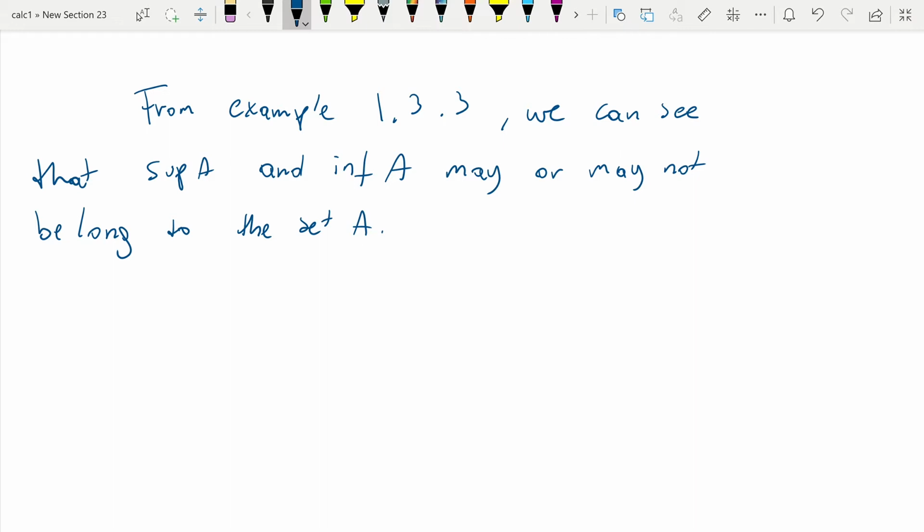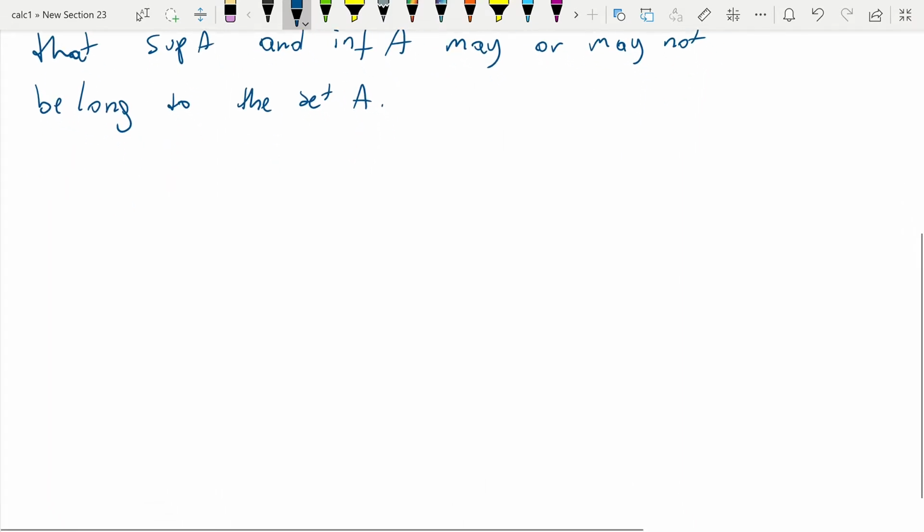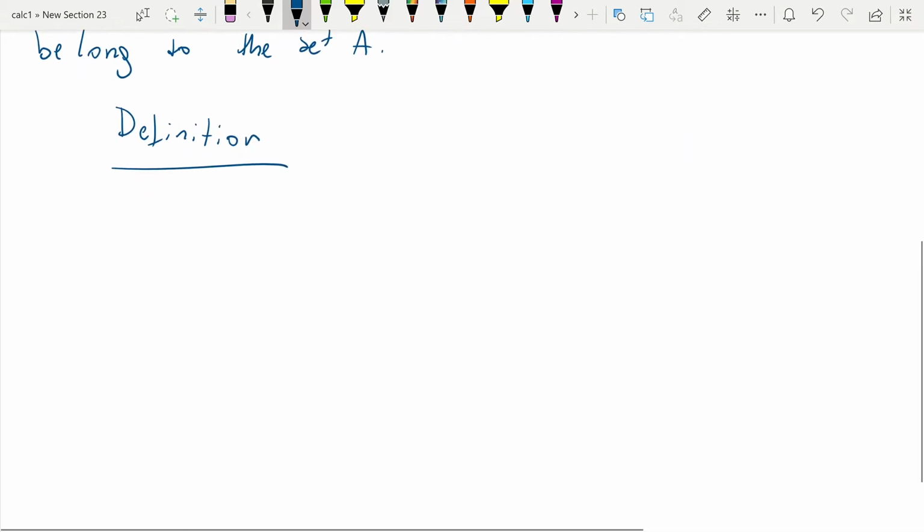So both things can happen. The infimum or the supremum, it doesn't matter, they may belong or may not belong to the set. And when they belong to the set, then we'll say that they correspond to a maximum or a minimum.